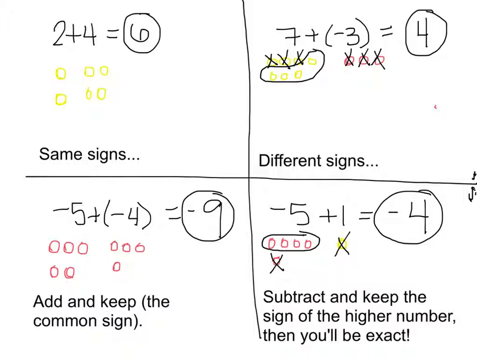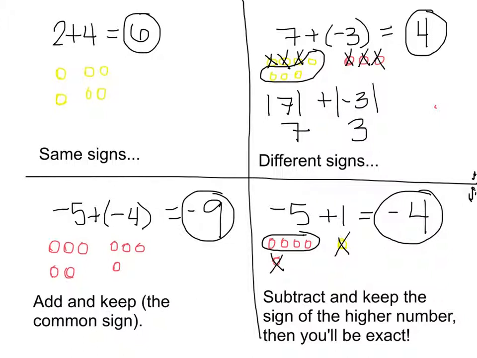So if we examine 7 plus negative 3, well, that positive side has more soldiers. In other words, if we go back to absolute value, the absolute value of 7 is 7, and the absolute value of negative 3 is 3. Those 7 and 3 represent the number of soldiers you have on either side.